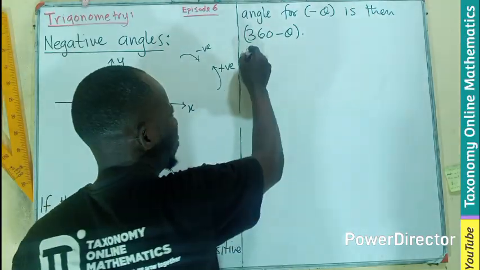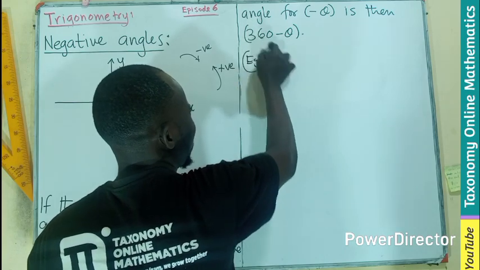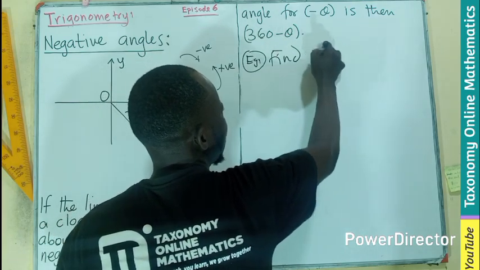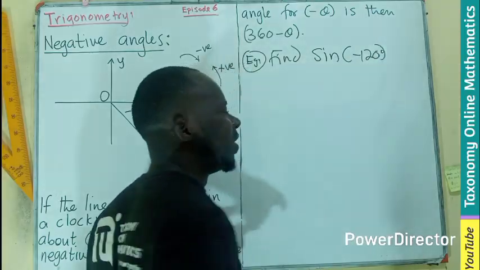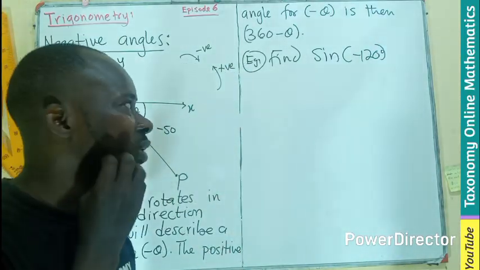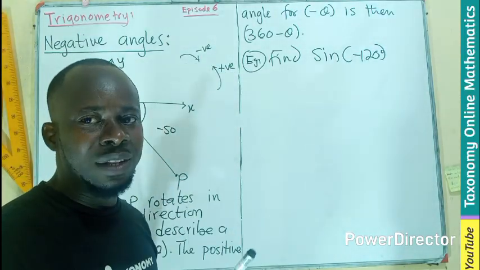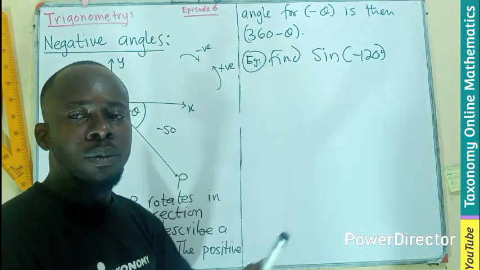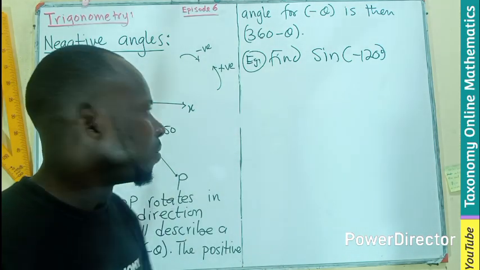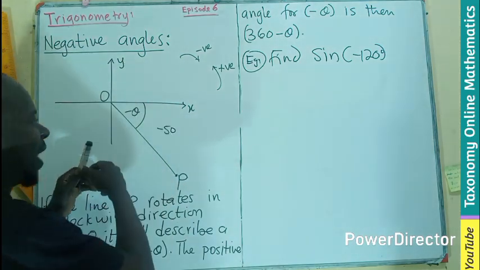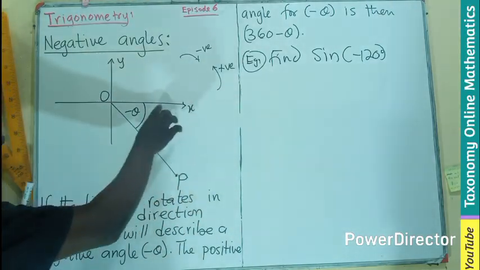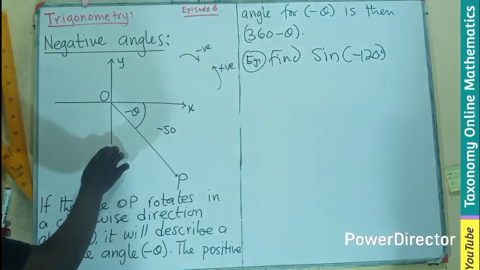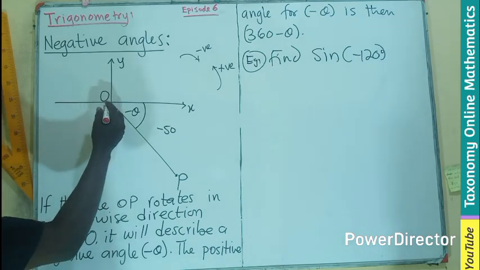So if, for example, we are asked to find sine negative 120 degrees, the first thing I need to do is subtract this from 360. Let's make a sketch. 120 is moving from here, so 90, it will be ending somewhere here.